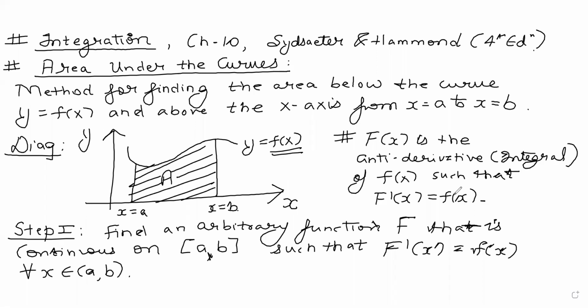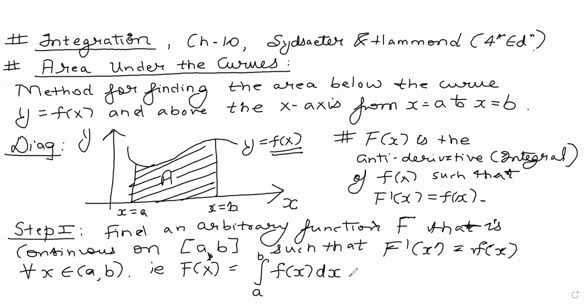So step 1 is telling us that we need to find the arbitrary function capital F, which is continuous on the closed interval a to b, such that if you differentiate capital F of x, you get small f of x. So how will I find capital F of x? I can say capital F of x is equal to the integral from a to b of f of x dx.